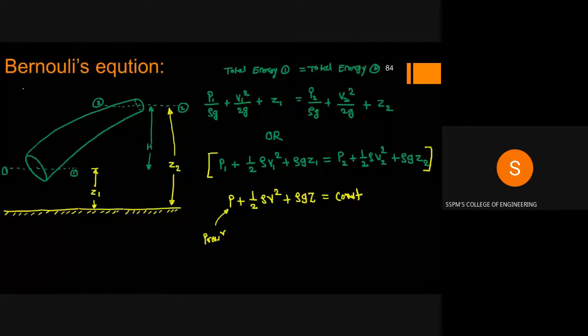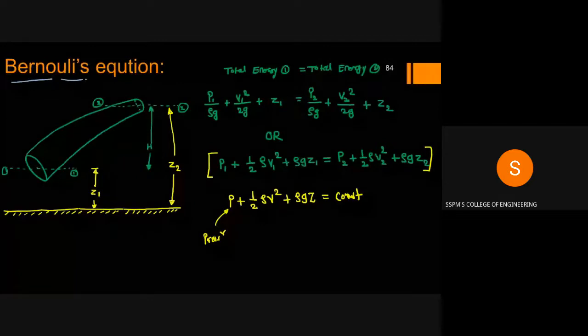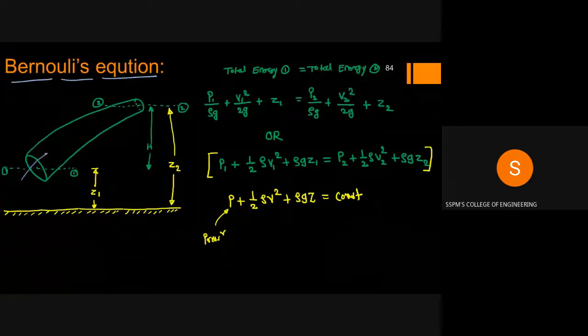Next equation in the fluid motion is Bernoulli's equation. Basically, it is the energy conservation equation. Suppose the fluid is flowing from section 1 to section 2 through a conduit, or we can consider it a pipe.